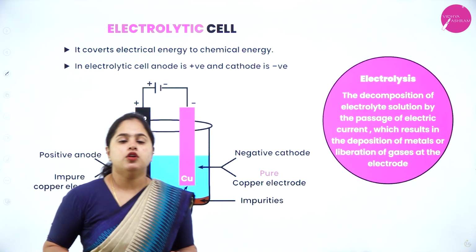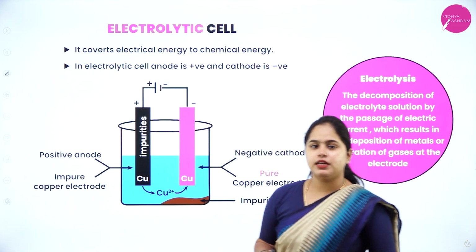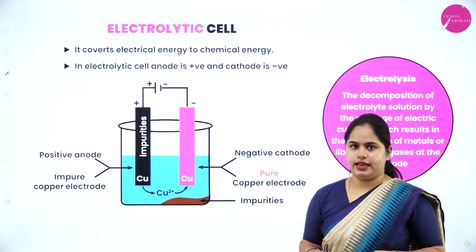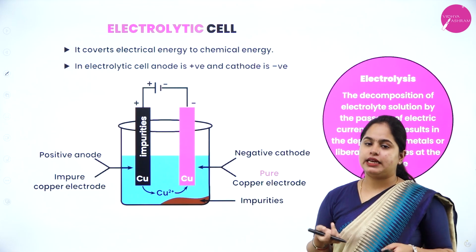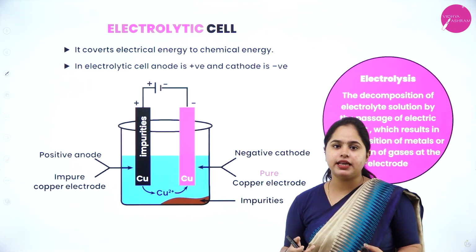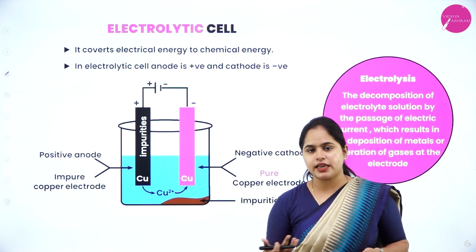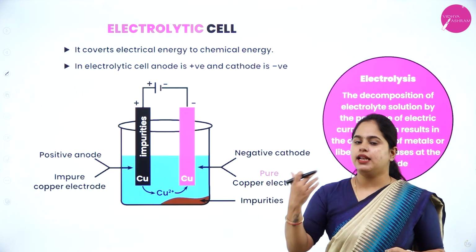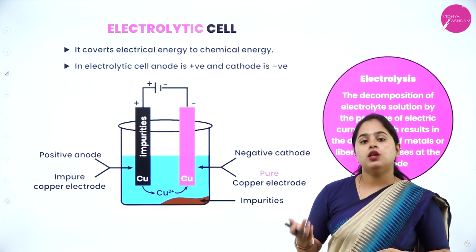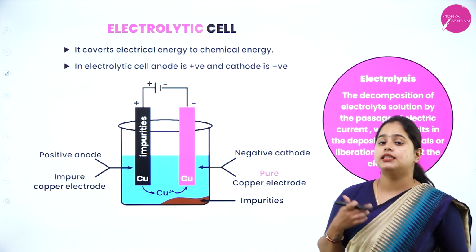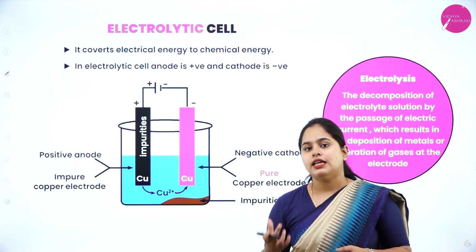Right? So now moving on to the next important part of the chapter, that is the electrolytic cell. Till now we studied the electrochemical cell, in which chemical energy is converted into electrical energy. That means chemical reactions take place, hence electrical energy is produced. Now what is an electrolytic cell? The exact opposite takes place.